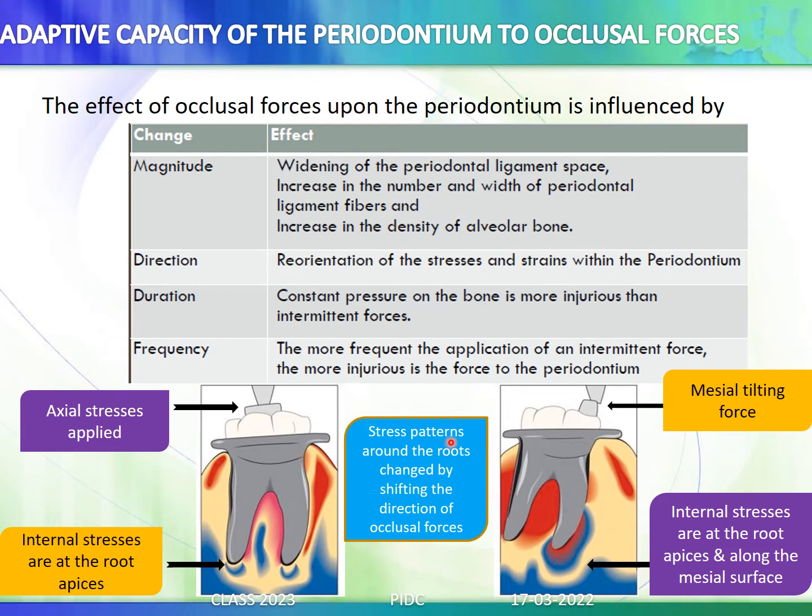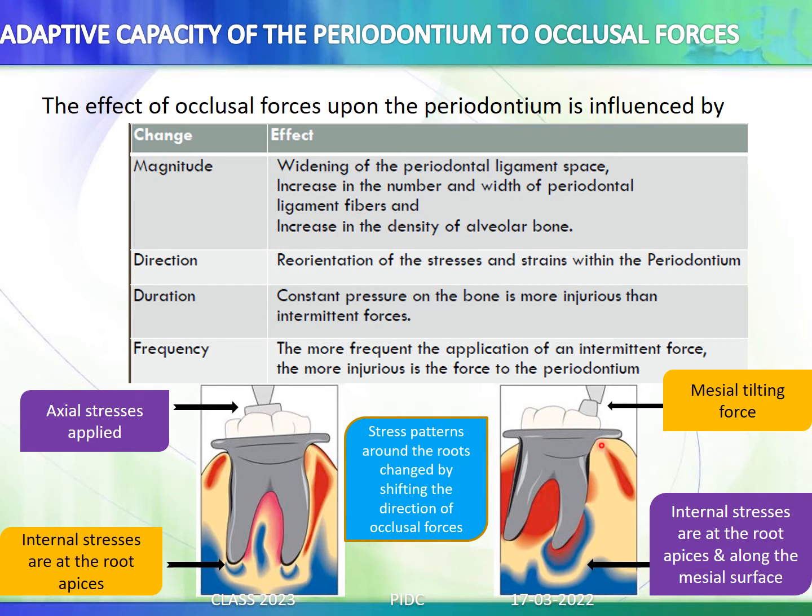If there is a change in direction, you can see in the two diagrams here the stress pattern around the roots changed by the shifting of the direction of the occlusal forces. When axial stresses are applied, which resemble your occlusal forces, the internal stresses are concentrated at the root apices of both roots.